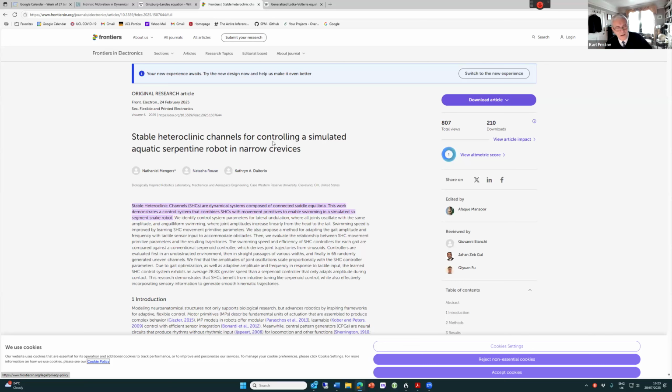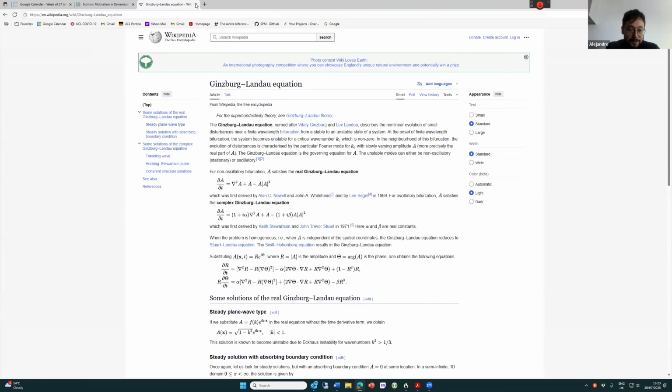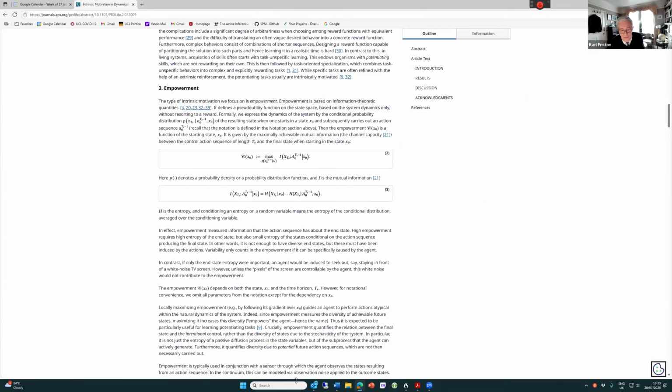And I just came across this whilst hunting for a paper by Mikhail Rabinovich, and I thought this would do just to make the point about stable heteroclinic channels, and noting that they have actually used this in robotics to try and elude, I presume, narrow crevices. Great.